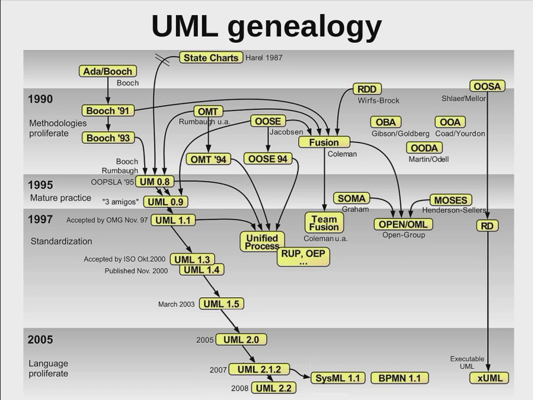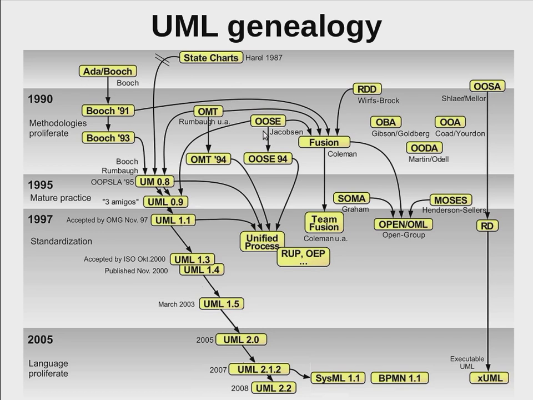Before standardization of UML, there were different kinds of graphical representations and languages of systems. One of the early approaches was state charts, introduced by a computer scientist with the family name Harel. Then another was Booch, and the name was Grady Booch, who was one of the developers of another programming language.